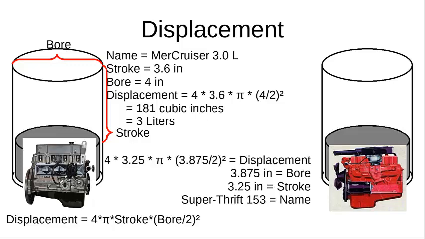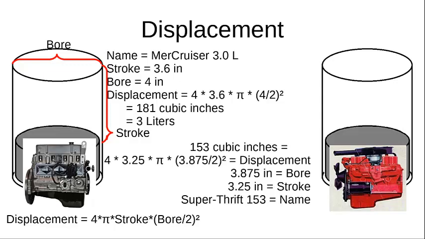And so the displacement, if you plug these numbers into the formula, 4 times the stroke, which is 3.25 inches, times pi, times the radius, which is 3.875 inches divided by 2. That would give you the radius squared. If you plug into the formula, it gives you 153.